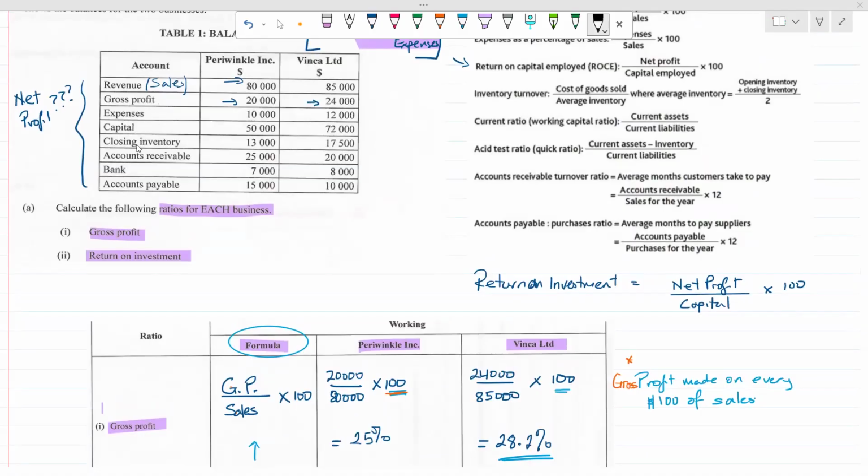We need the closing inventory, and we have to work out our current assets. Our current assets are made up of inventory, bank, and receivables. These three things are current assets. But if you're doing the acid test ratio, you do not include the inventory, so you'll only be taking accounts receivable and bank.